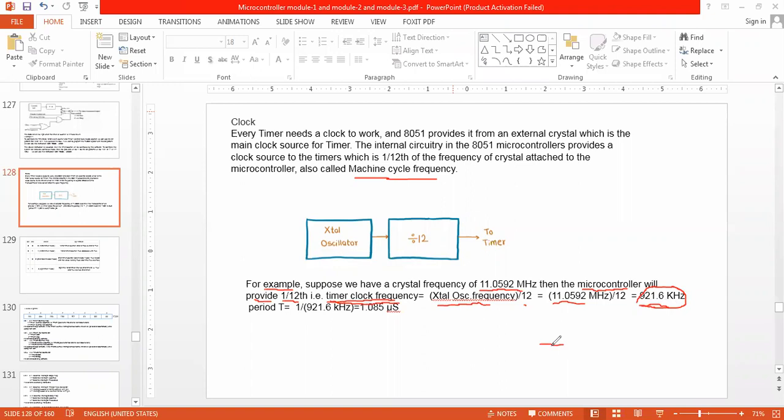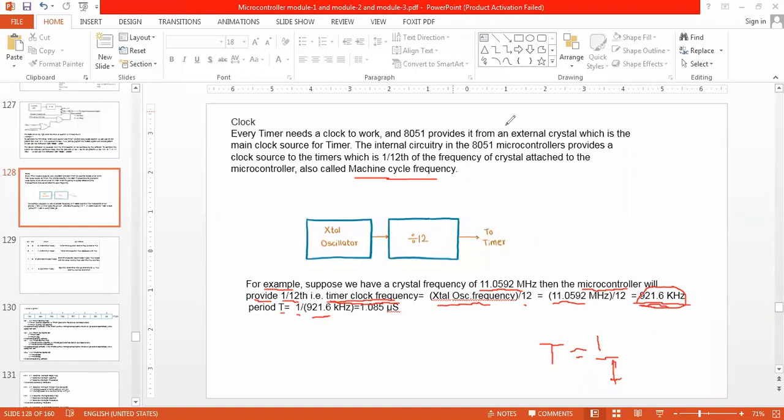I have a frequency. If I want to know the time, then T equals 1 divided by F. This one I know, correct? So T equals 1 divided by 921.6 kilohertz.